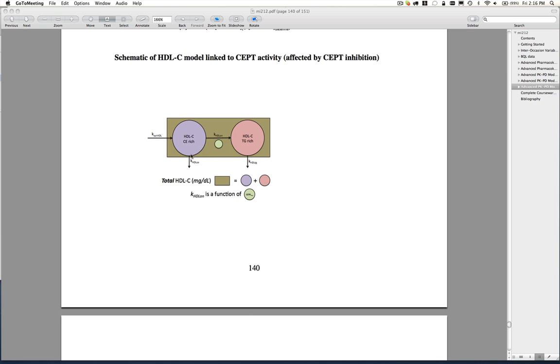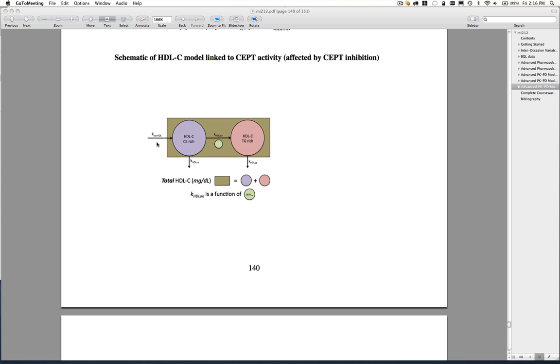And so the difference here is that we actually have removal rates from each of these compartments. And so this leads a bit to some identifiability issues that we have to make some assumptions on within the model itself.